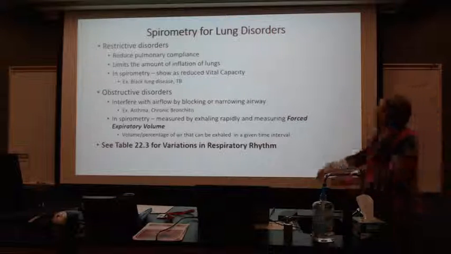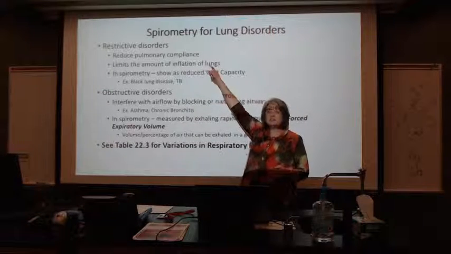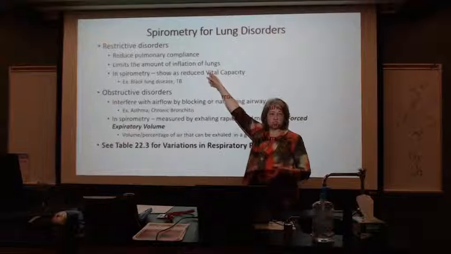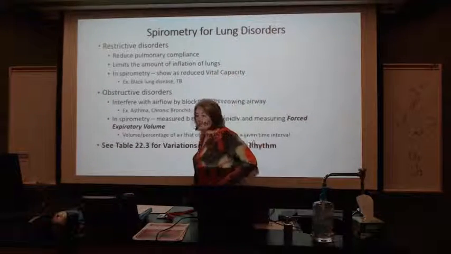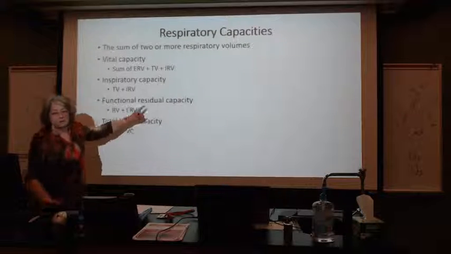If it's a restrictive disorder, vital capacity will be affected. If we look at vital capacity, those numbers will be affected if it is restrictive. Good examples: black lung disease, people who are coal miners, TB, tuberculosis, okay?